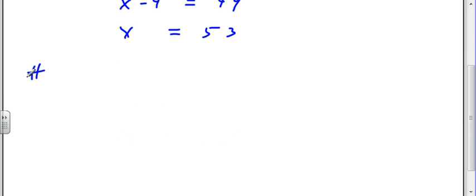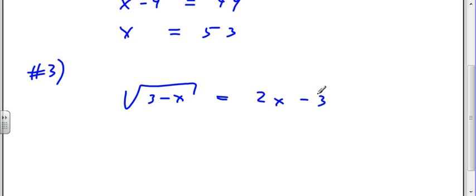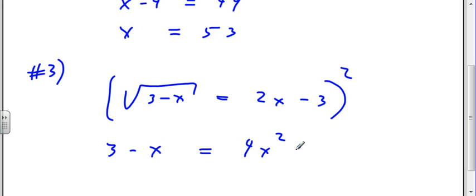Okay, number 3. The square root of 3 minus x equals 2x minus 3. We're going to square both sides of the equation. 3 minus x equals 4x squared minus 12x plus 9.